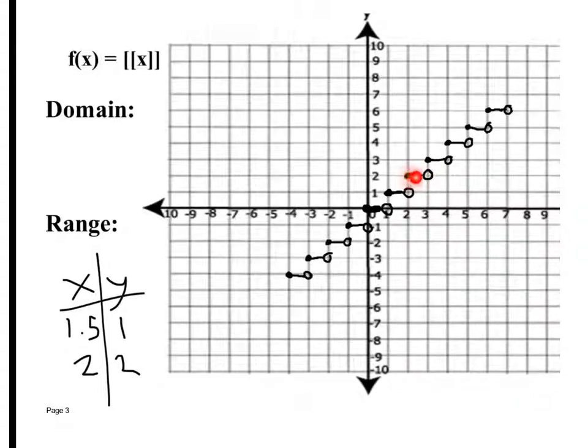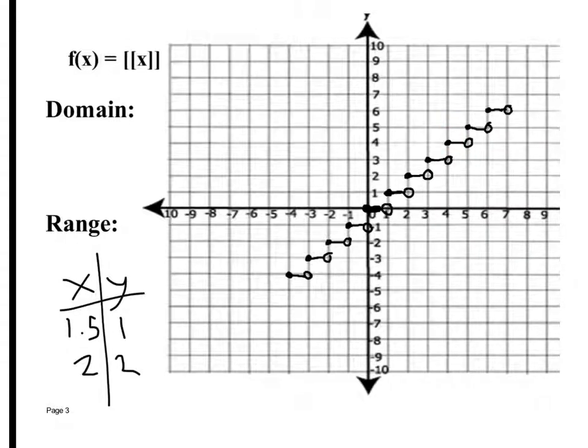But once it gets to 3, what's the y coordinate? 3. So x of 3.3 is 3, 3.4 is 3, 3.999, what's my y coordinate? 3. But then when my x is 4, what's my y got to be? 4. So does everybody understand piecewise?